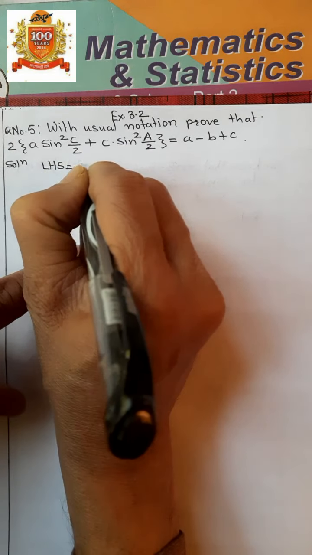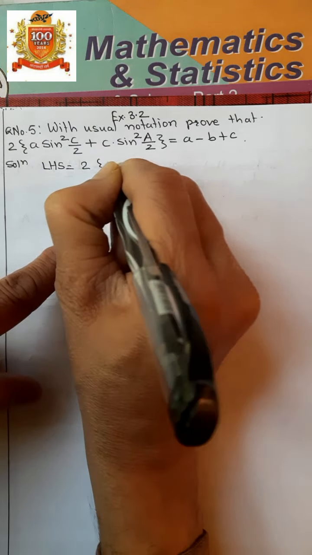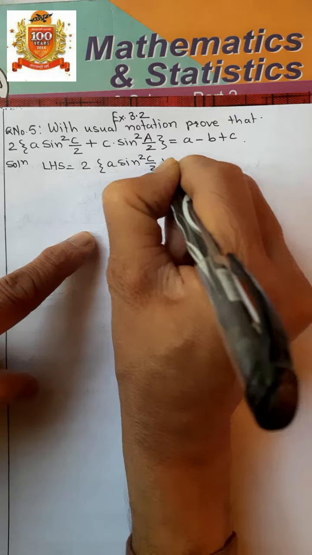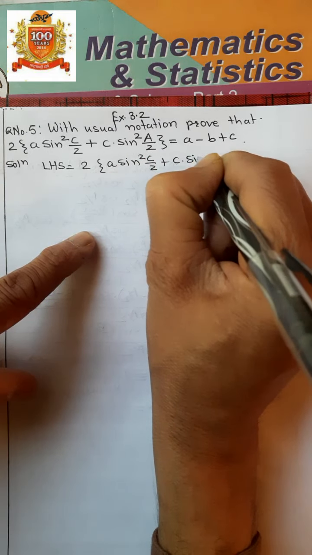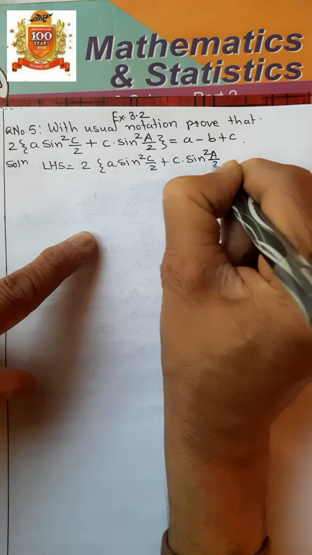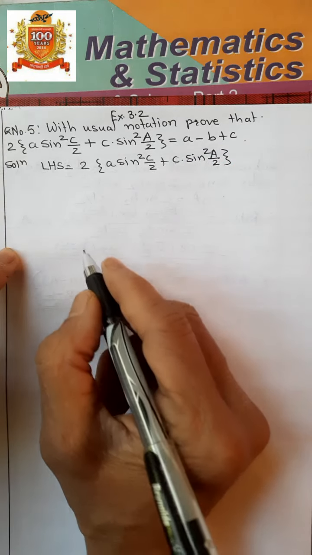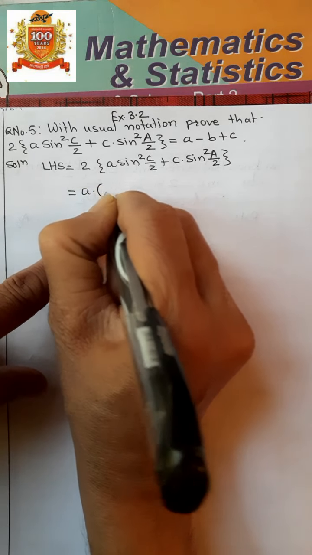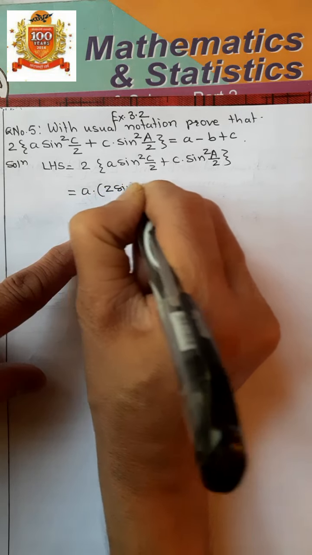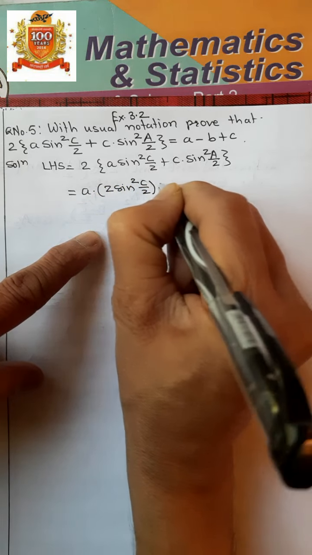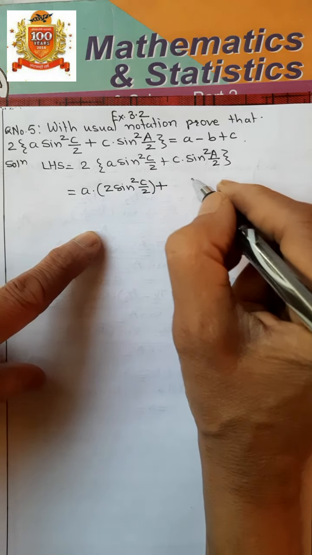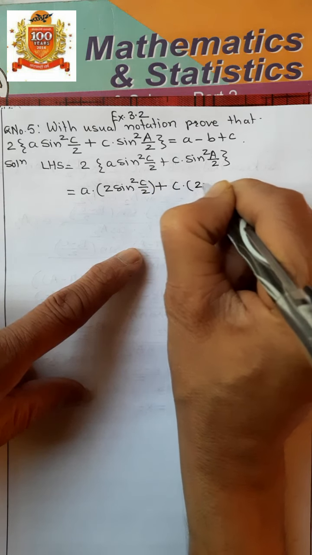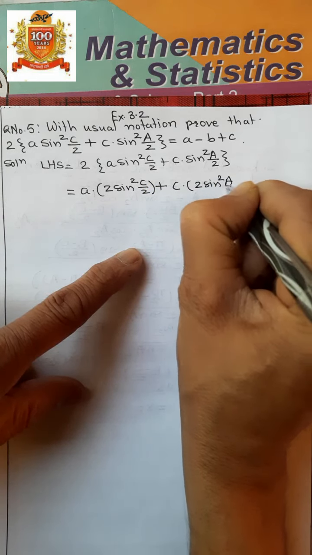LHS is equal to, given, 2 in bracket a sin square C upon 2 plus c into sin square A upon 2, isn't it? Now this can be written as a into 2 sin square C upon 2 plus c into bracket 2 sin square A upon 2.